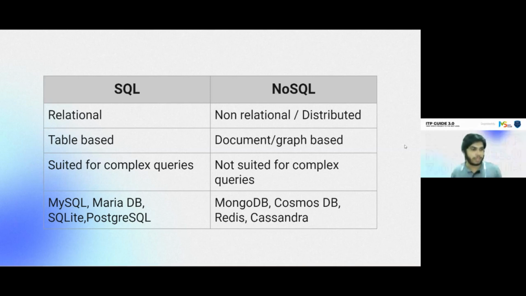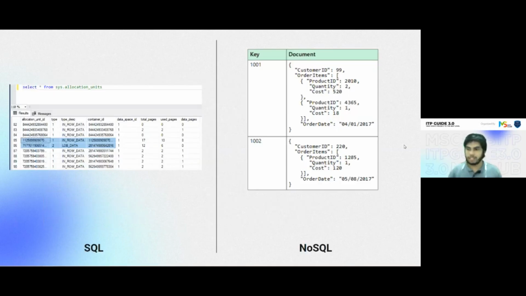So here's basically the difference between the two database models. On the left side, you can see the relations that you're familiar with, the rows and columns type of storing data. On the other hand, on the right side, you can see the NoSQL format, the key-value pairs, and you have the key and documents.